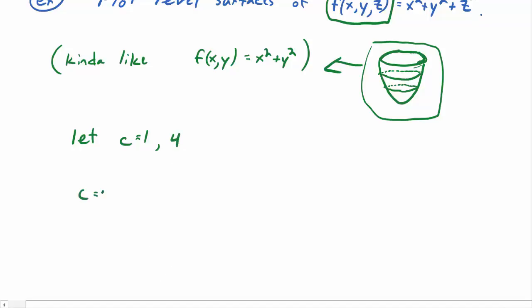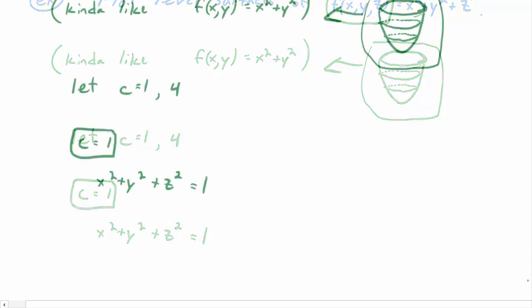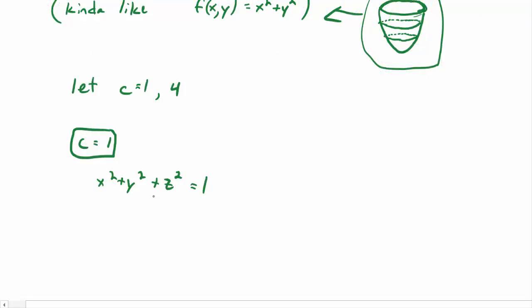So at c equals 1, we get x squared plus y squared plus z squared is equal to 1. What kind of object is that? It's a sphere. The center is 0, 0, 0. Radius is 1. What's the quick way to draw a sphere? So this is a sphere. Center, C for center, 0, 0, 0, and radius 1.